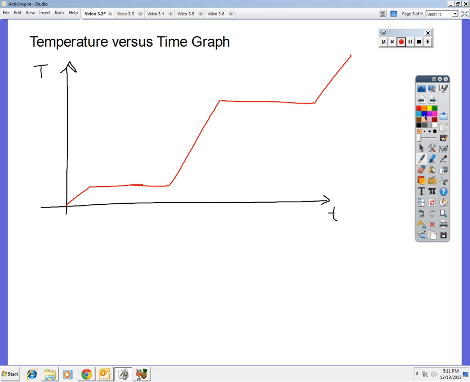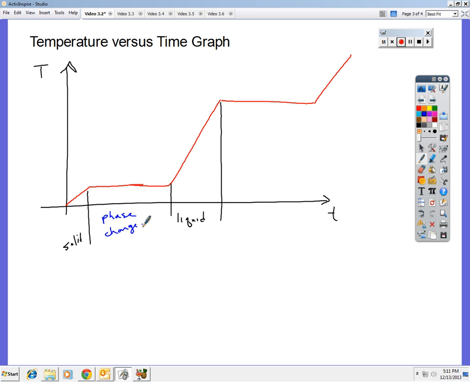So what happened here is that we started with ice, so this is a solid, and then in this time here you have a liquid. During the time when the temperature stayed constant, you had a phase change.